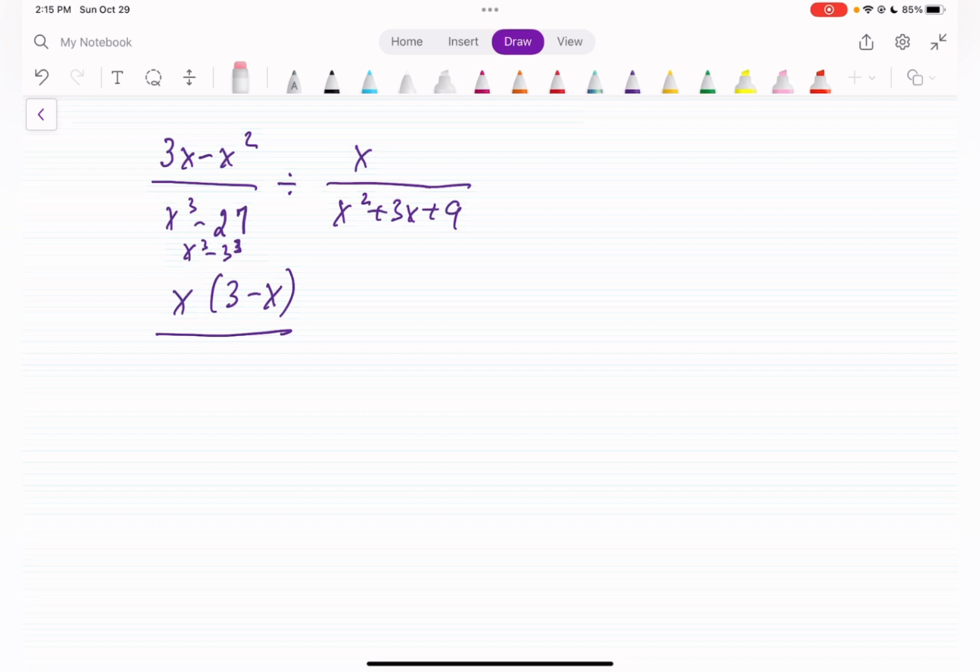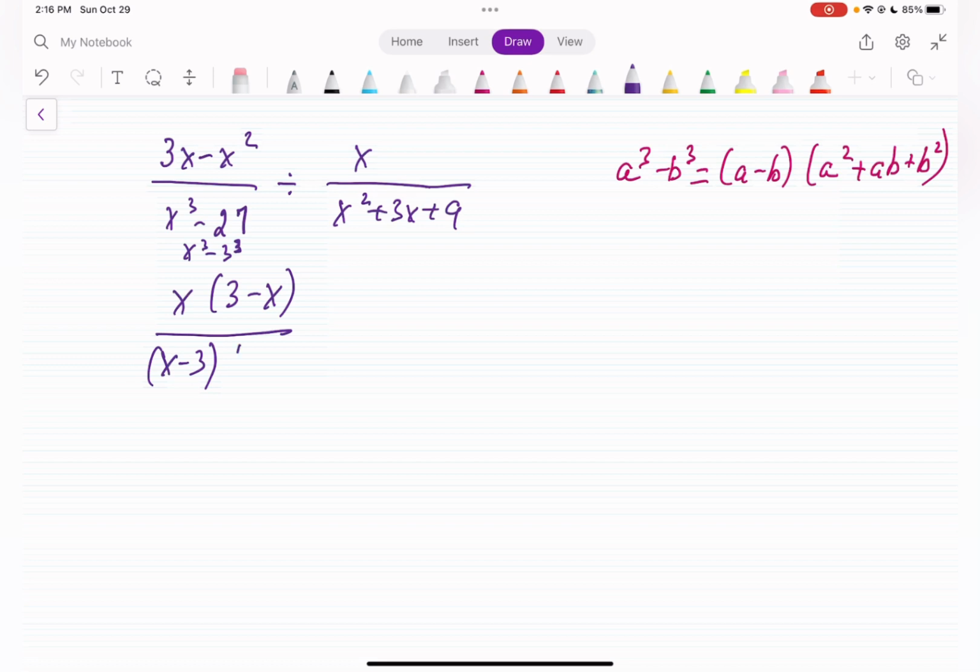From here, I'm going to open, remember the formula, a cubed minus b cubed is equal to a minus b times a squared plus ab plus b squared. Okay, let's go for it. It's going to be x minus 3 and x squared plus ab, which is x times 3, 3x, plus 3 squared, which is 9.